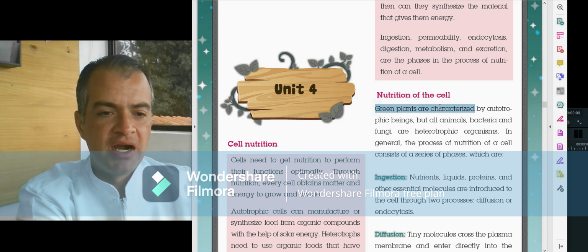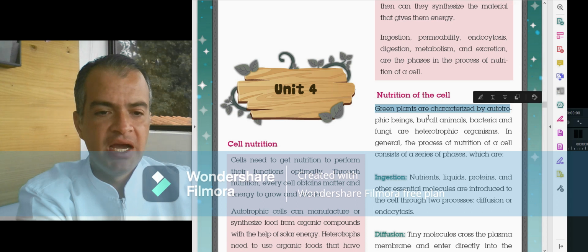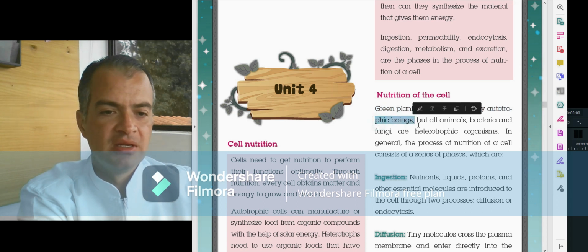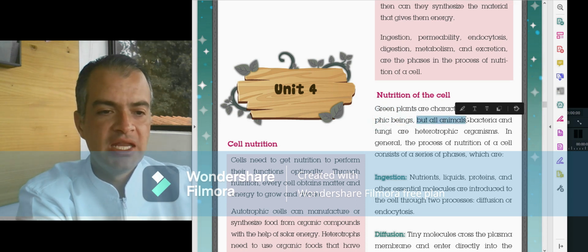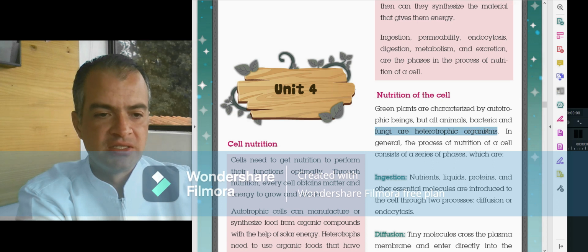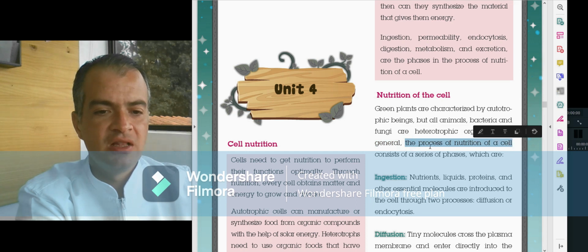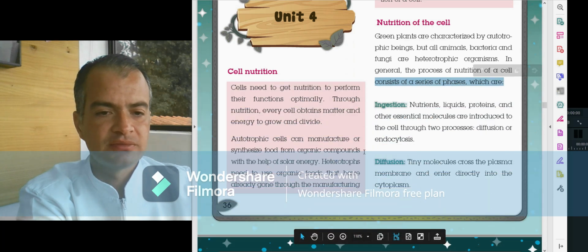Green plants are characterized by autotrophic beings, but all animals, bacteria, and fungi are heterotrophic organisms. In general, the process of nutrition of a cell consists of a series of phases which are: ingestion.